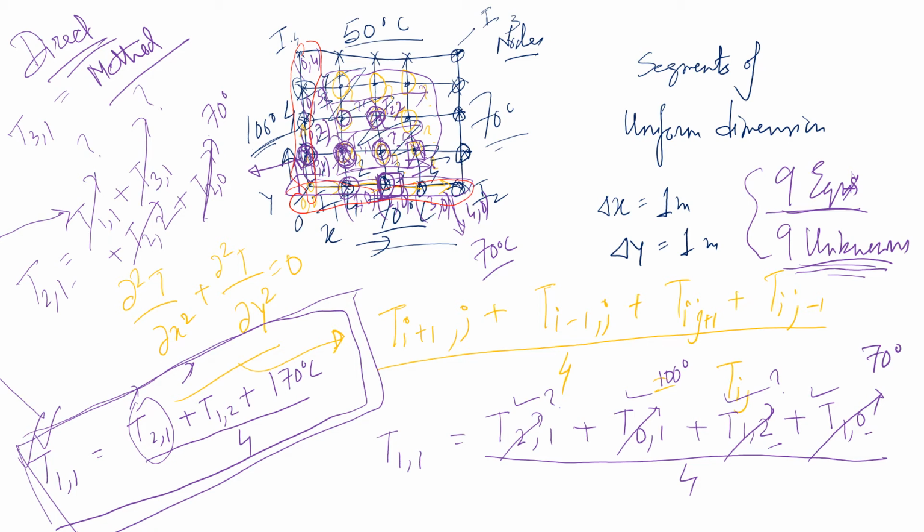Solve the equations for these 9 unknowns, and you will get the temperature at all these intervals, right? And this method is known as the direct method. This is not an iterative method. It requires solving 9 equations.